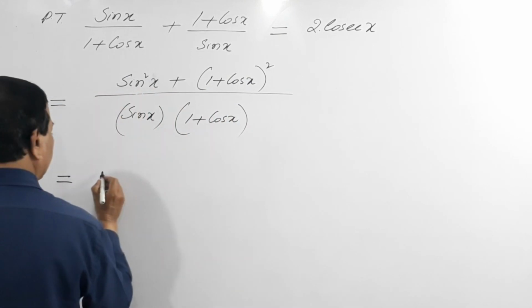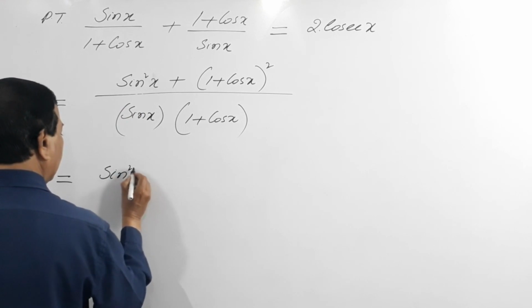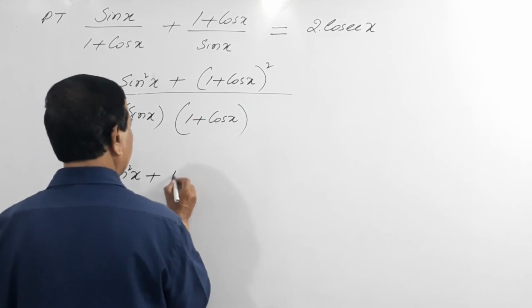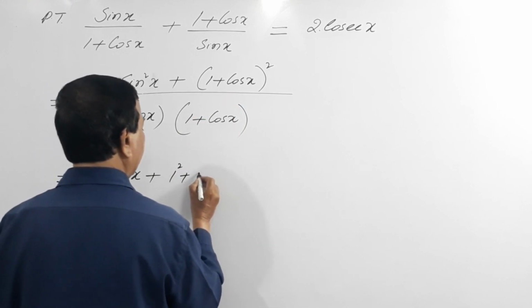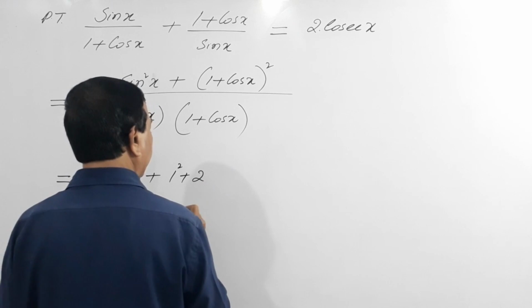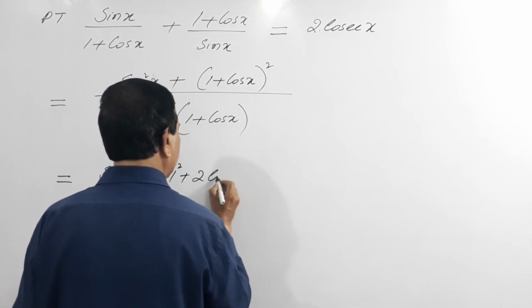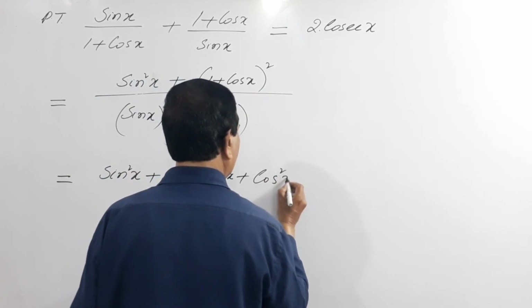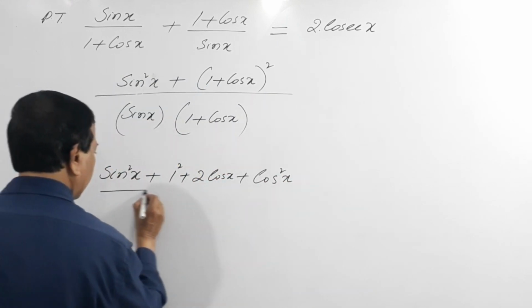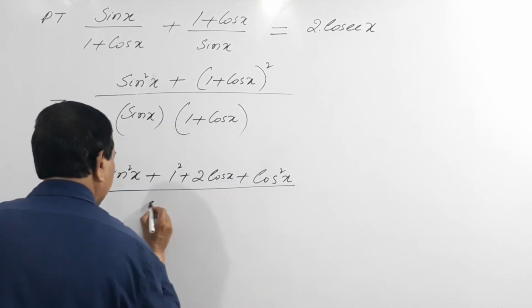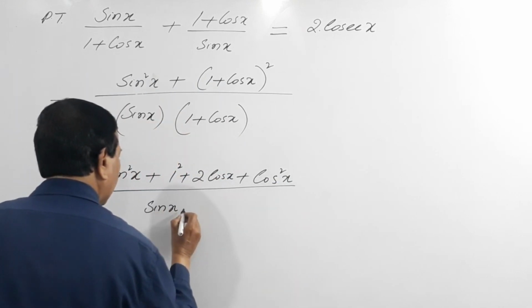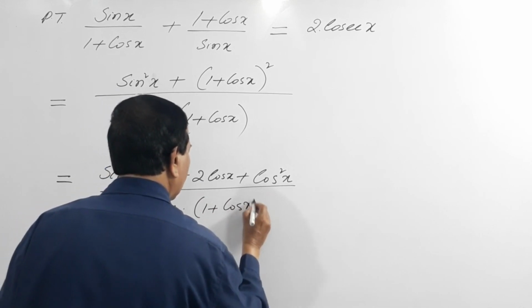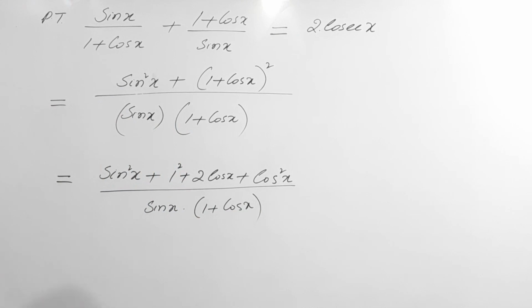This equals sin square x plus 1 square plus 2ab, that is 2 cos x, plus b square, divided by sin x into 1 plus cos x. So rearrange this.